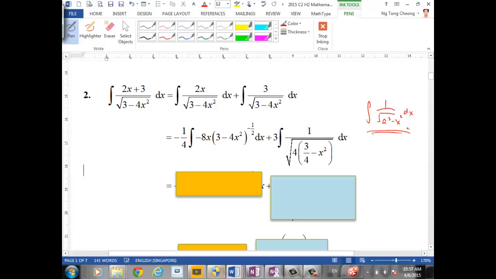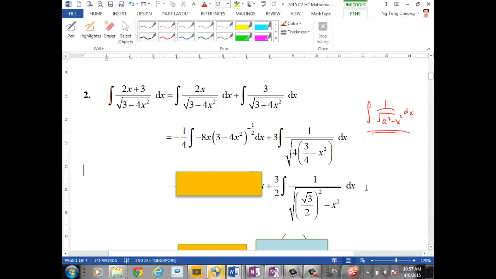You can get this form, then you just apply your formula directly. Be careful after you factorize out your 4, make sure you take the square root of 4 and so on. So this part is quite obvious. Try to rearrange it in this form before you apply your formula list.